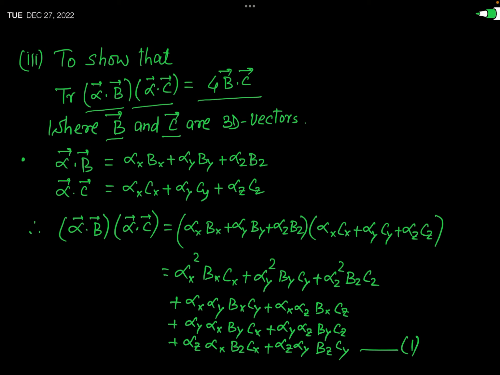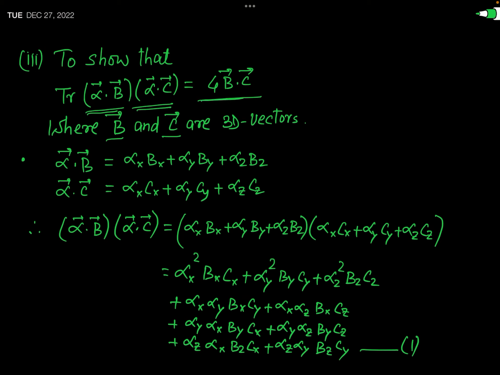So first of all we will try to evaluate the value of alpha dot b times alpha dot c, and after that we will take the trace, and you will see after taking the trace our result will get proved.